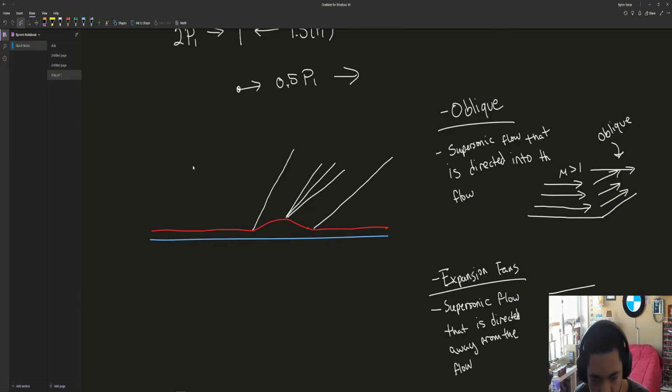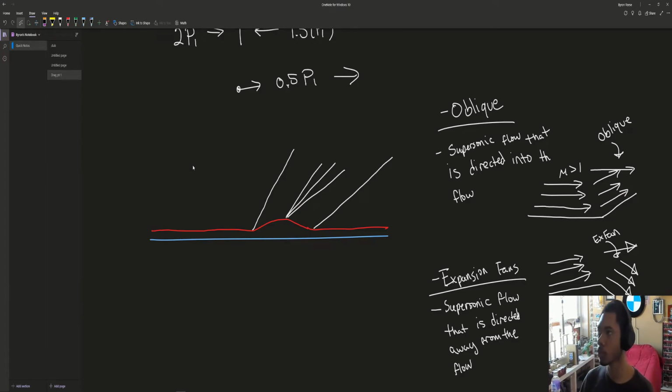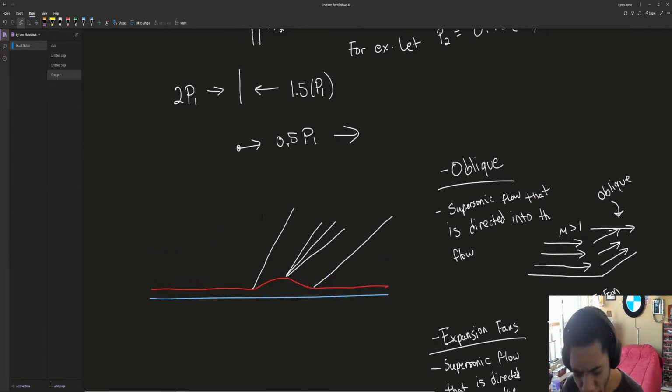So if we look at something like this, we have our flow moving, and then the flow moves in this direction, while way out up here, it's still moving this way, and therefore it is an expansion fan. There we go.